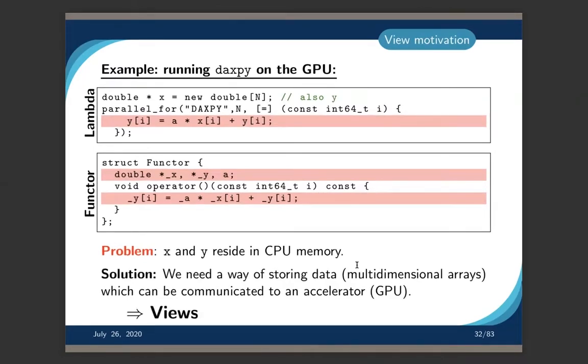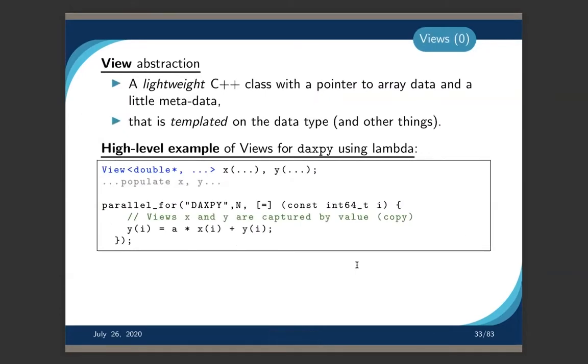And basically what we want is a way of storing data. And with data, I mean, in this case, as a fundamental building block, multidimensional arrays. I want a data structure which can be communicated to an accelerator. I want a data structure we can reason about: where is the data accessible? How do I copy something over, etc. And that data structure in Kokkos is View.